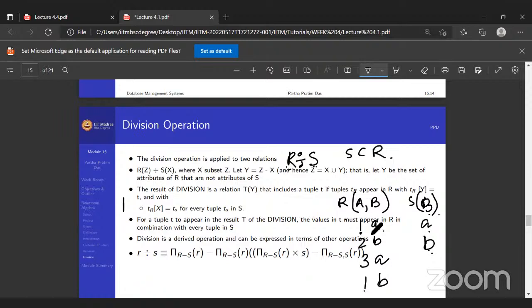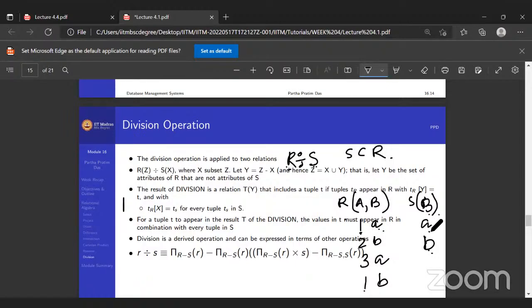So the question is like that: find the student ID who takes all the courses available in the course table. Whenever the word "all" or "for every" comes, we use the division operator, right?